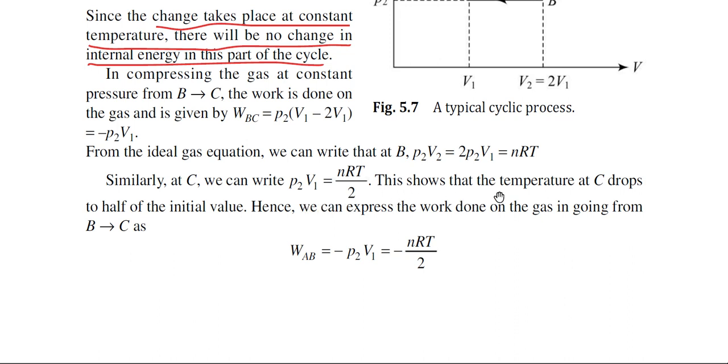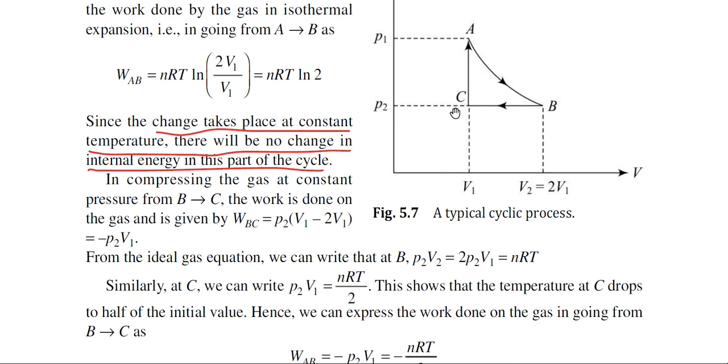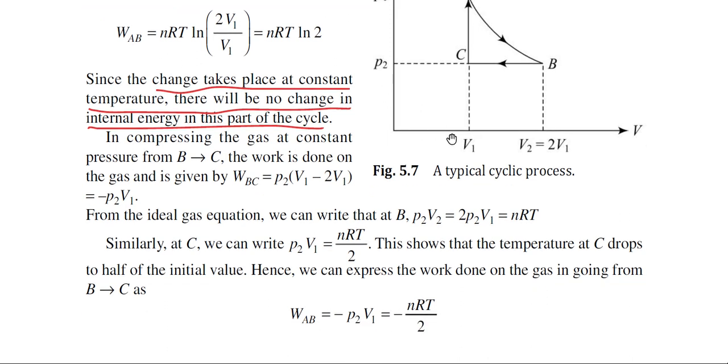Now this shows that the temperature at C drops to half of the initial value, because at the point C the pressure is P2 but the volume is V1. So we can write the ideal gas equation as P2 into V1, which is actually nRT by 2.